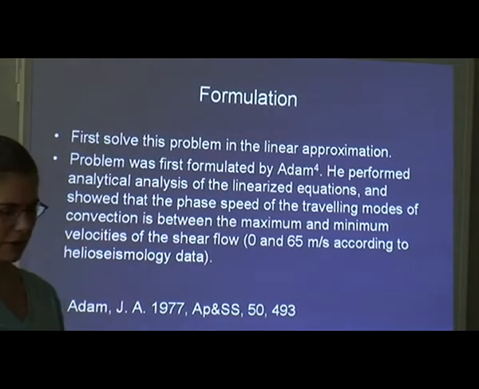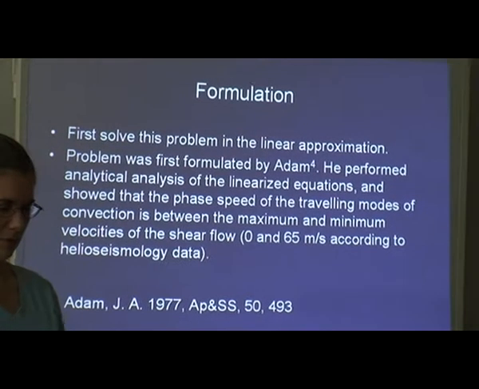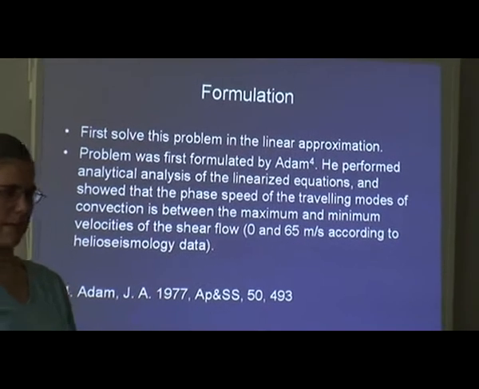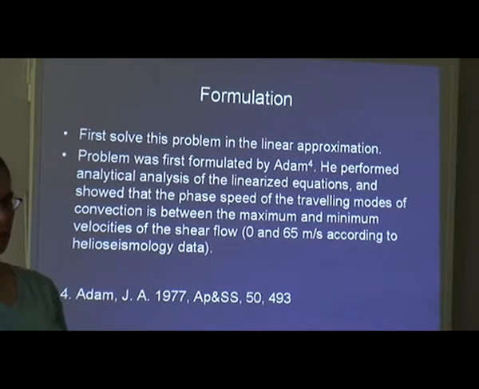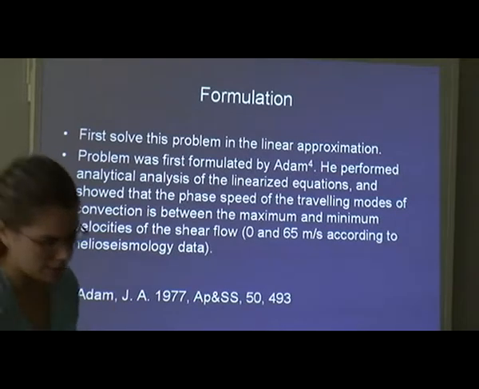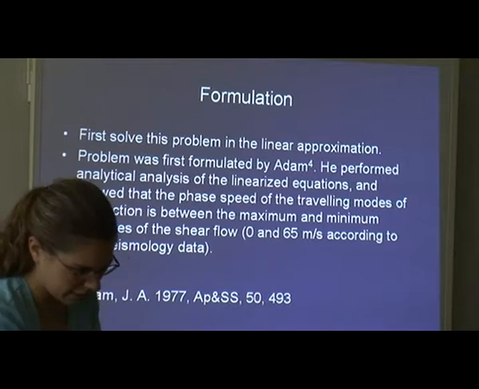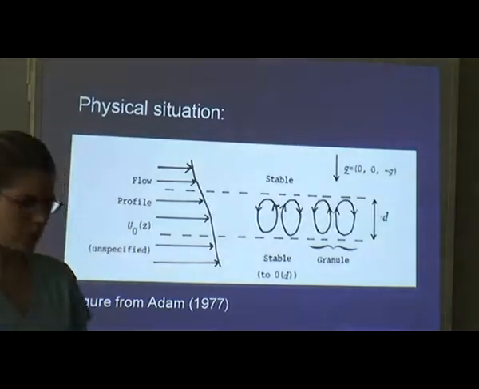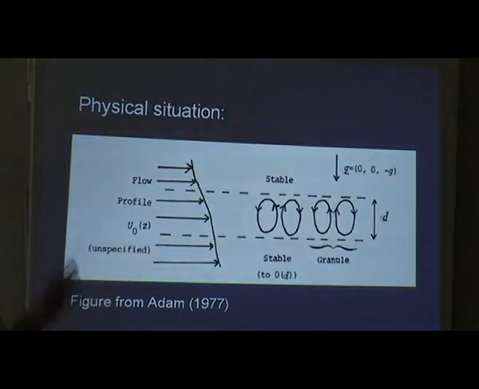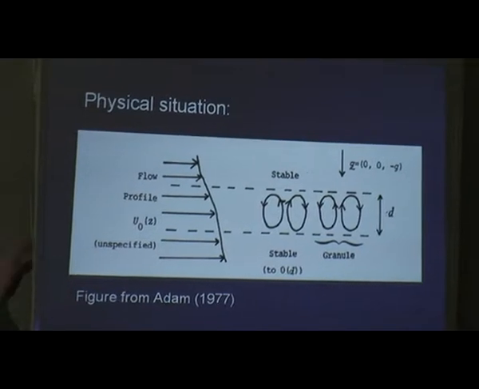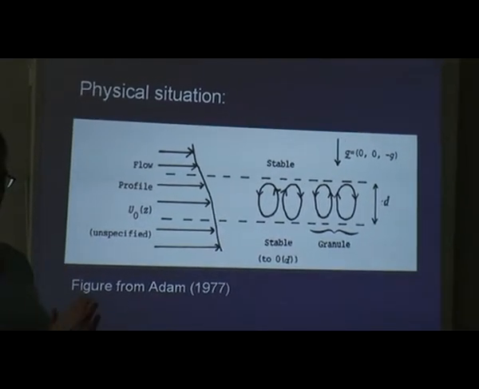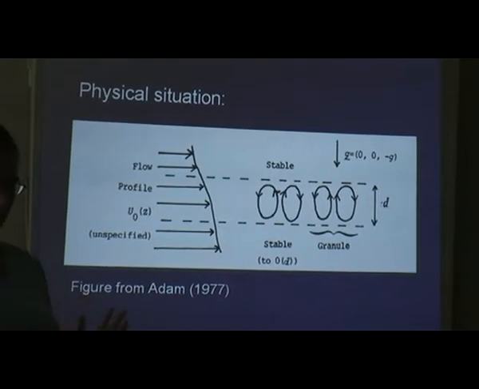So we're using a formulation that was done back in the day with analytical analysis that showed that the phase speeds for these unstable modes should be between the minimum and maximum of the shear flow. That's between 0 and 65, according to the helioseismology data that we have. We're looking at a situation in which we've got an unstable layer bounded above and below by stable layers, and a shear profile that is going just in the x direction.